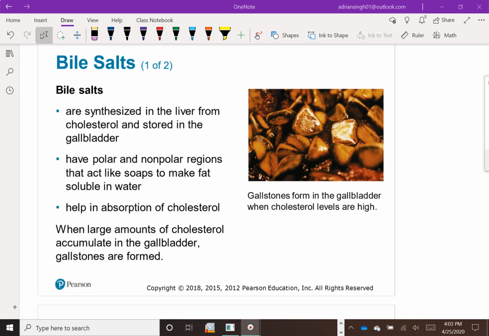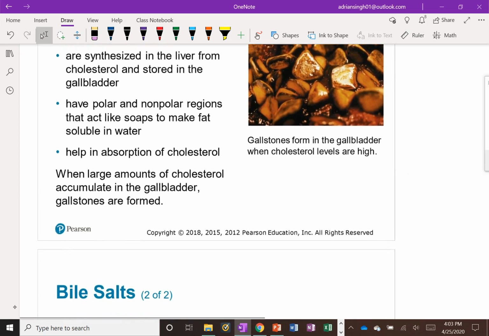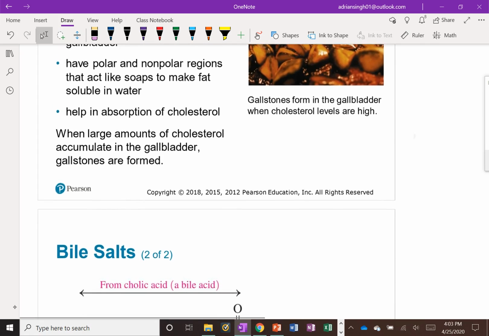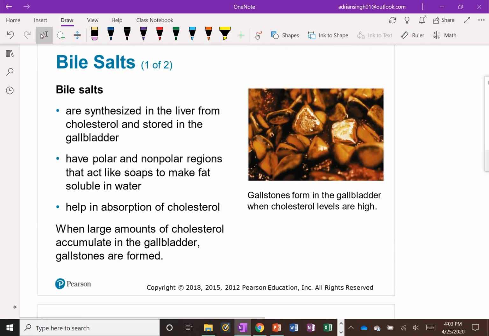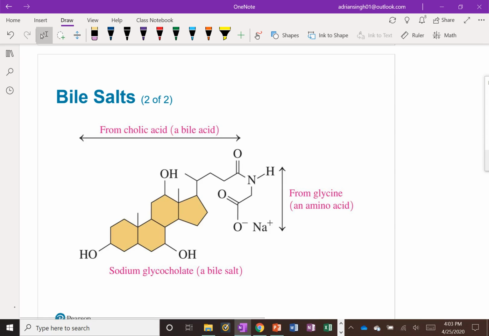If you remember from the end of the previous section, we saw how these things called micelles would form. Well, they work in a similar manner. These salts then will help in the absorption of your cholesterol. When there are large amounts of cholesterol accumulating in the gallbladder, then we have these things called gallstones that end up being produced.